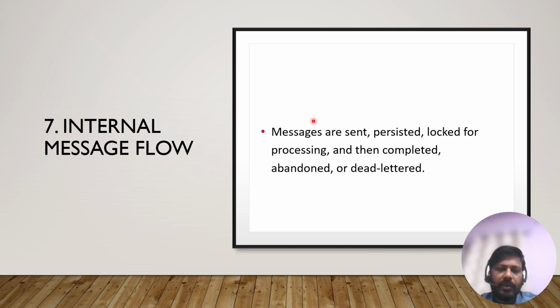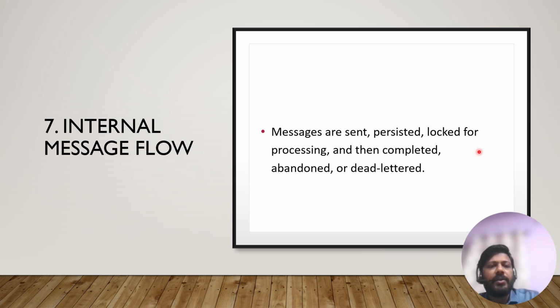Okay, so moving on to internal message flow. Basically, messages are sent, persisted, I mean stored, and locked for processing, then completed, abandoned, and deleted. When a consumer receives a message, Service Bus locks it to prevent parallel processing.